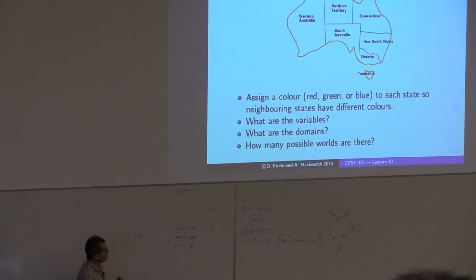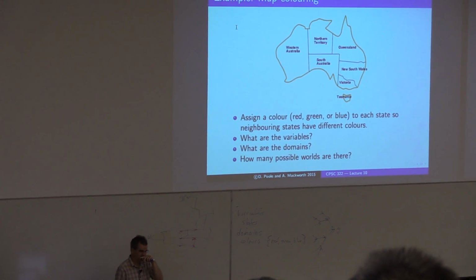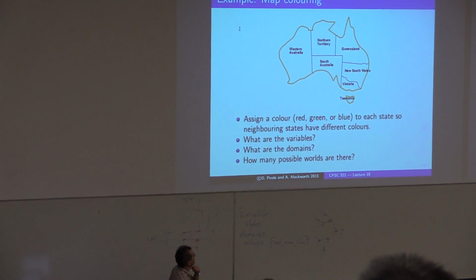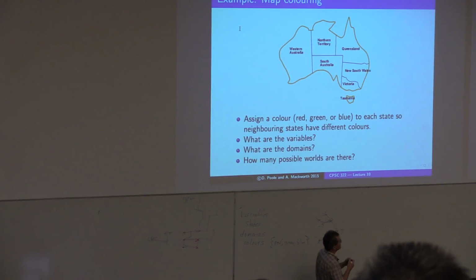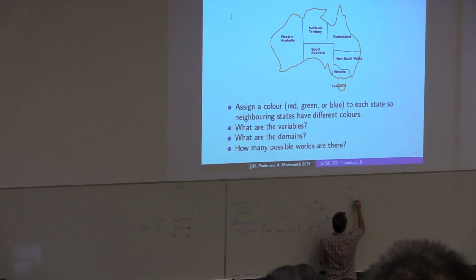So how many possible worlds are there in this one? Well, how many assignments are there to Western Australia? It can either be red, green, or blue.